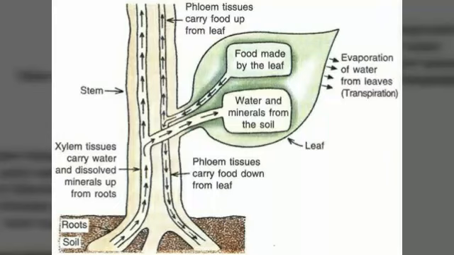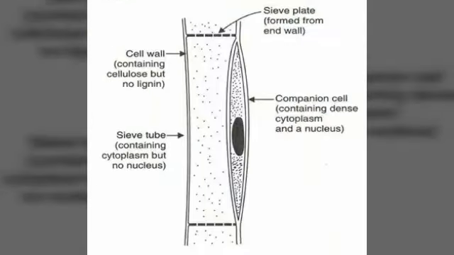Where is higher pressure? In the leaf. The leaf has higher pressure, whereas the root has lower pressure. So the food transfers from higher pressure, meaning the leaf, to other parts of the plant. And the sieve tube and companion cell both help in transportation of food in plants.